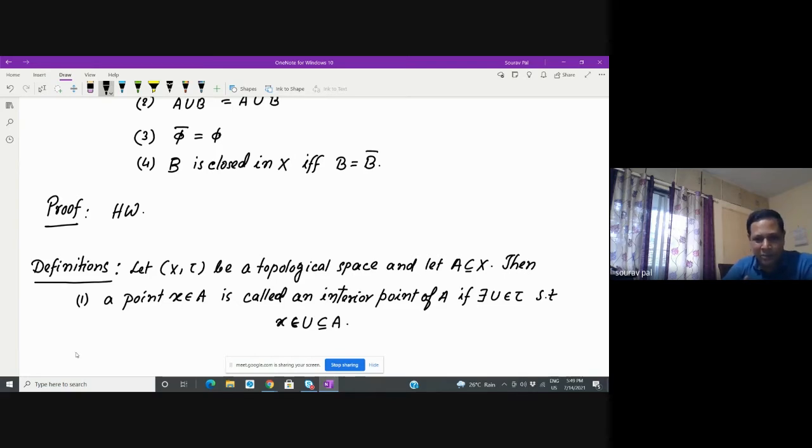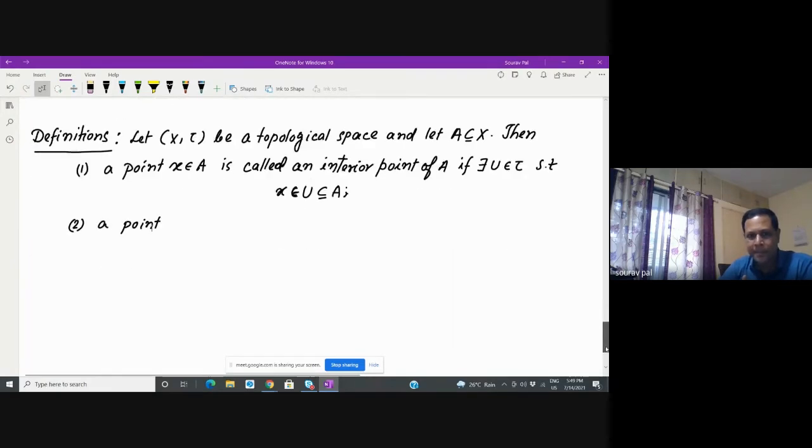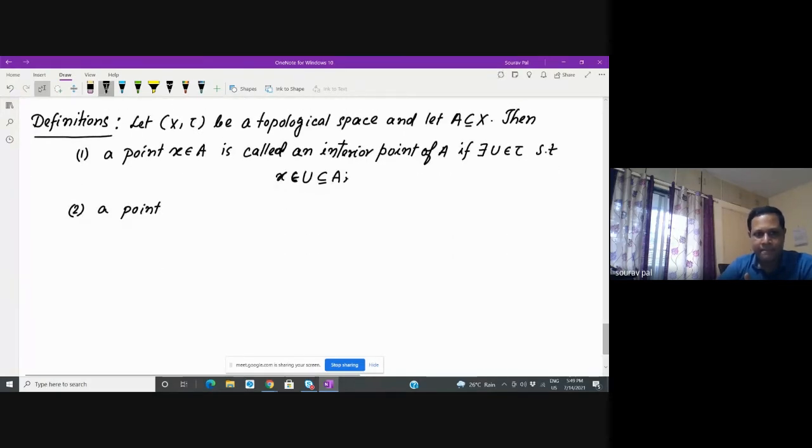And number two, a point X belonging to X. Here it may not belong to A itself.